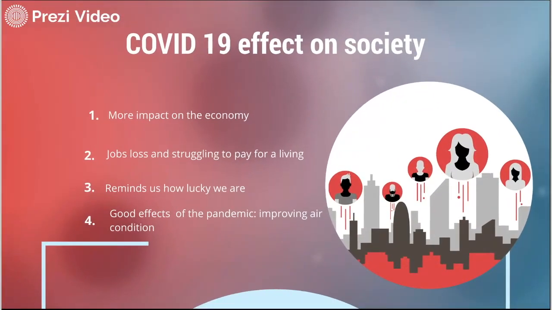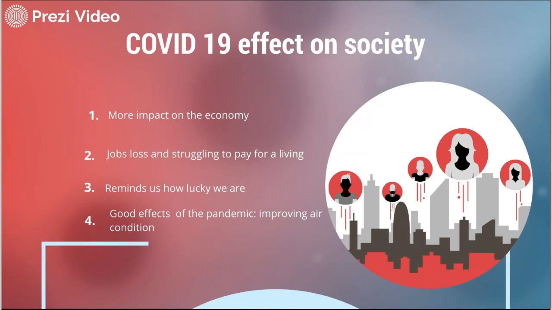For the COVID-19 effect on society, it actually has more impact on the economy today since more businesses are involved in in-person services. So with everyone quarantined and sick, it took a large toll on the economy. It definitely took a toll on the community since some people lost their jobs while some still have to go out to earn a living even in the midst of the pandemic.